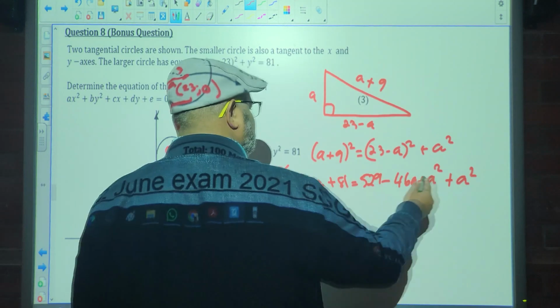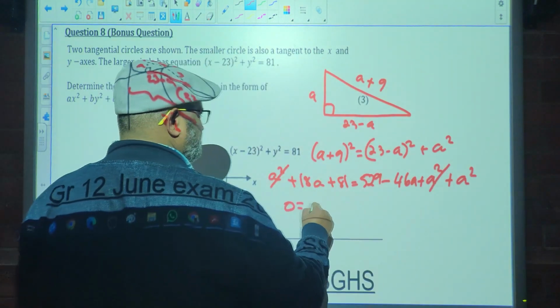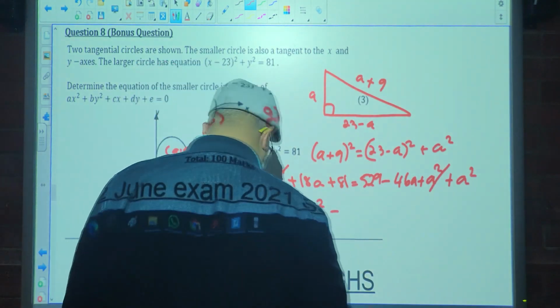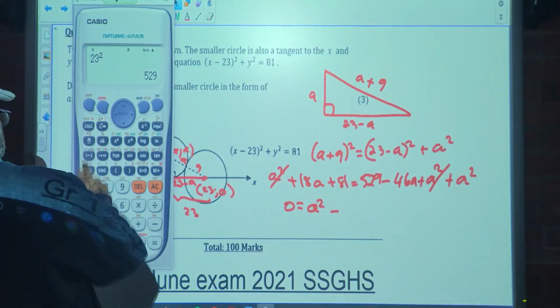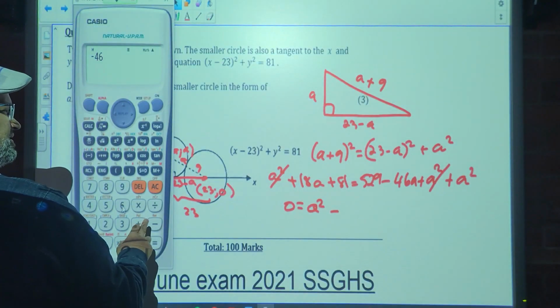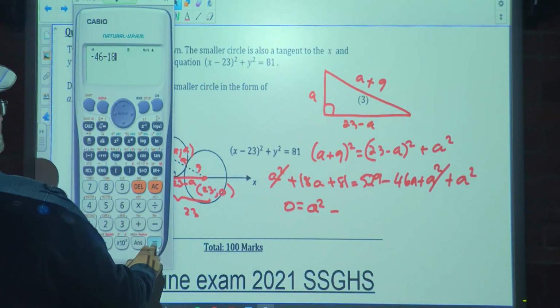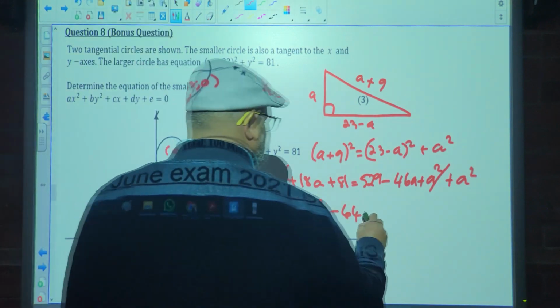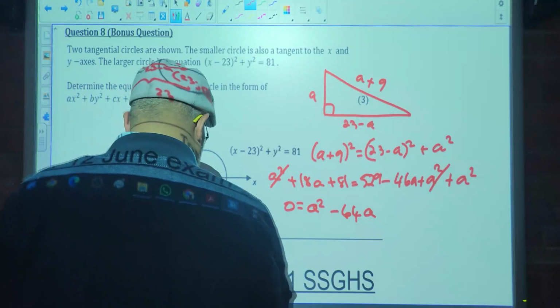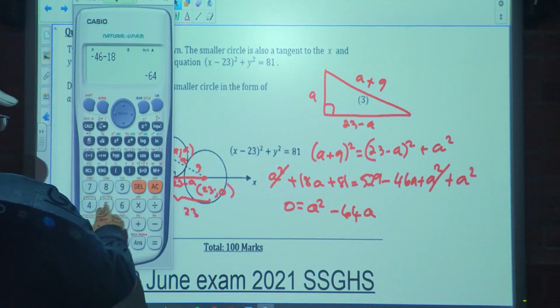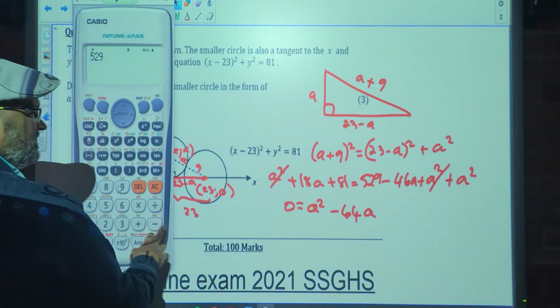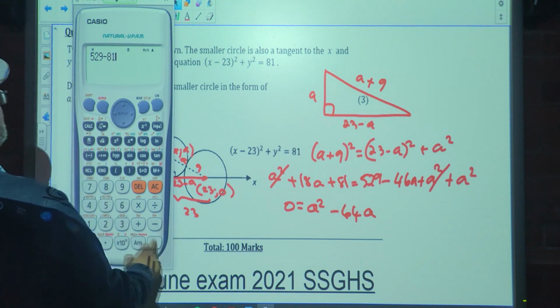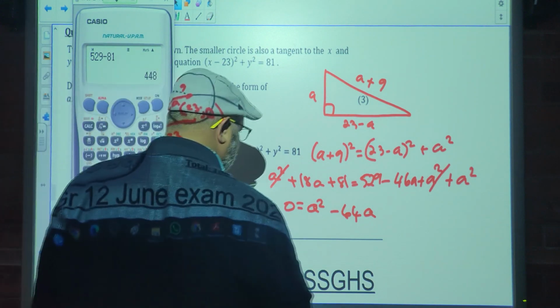Of course that cancels. So 0 is equal to a squared minus 46 minus 18, which gives us negative 64a. 529 minus 81 gives us 448.